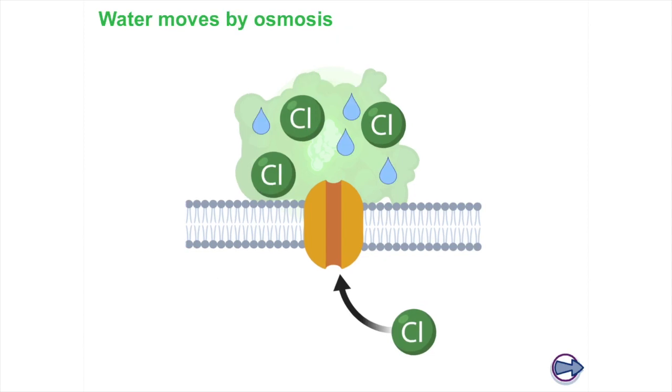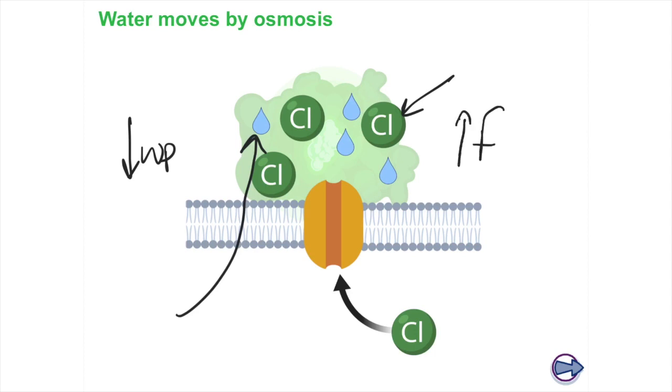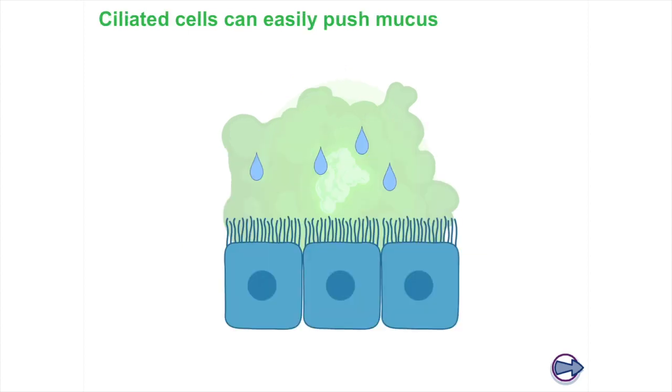This presence of both chloride and sodium within the mucus drops the water potential of the mucus, which means that water from the inside of the cell will move down a water potential gradient and will mix with the mucus. This increases the fluidity of mucus and helps the mucus to become more watery, so that it could be pushed by the ciliated cells. So the ciliated cells here can push the mucus away because it's quite fluid.